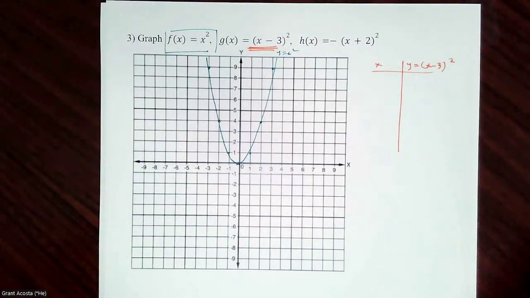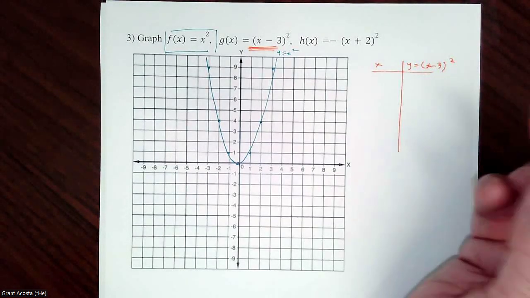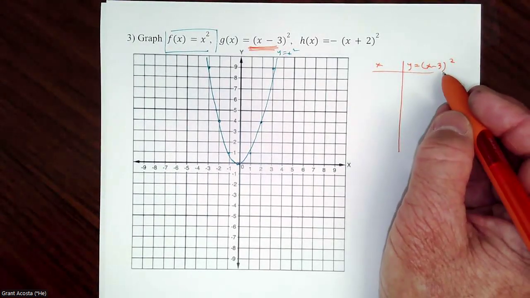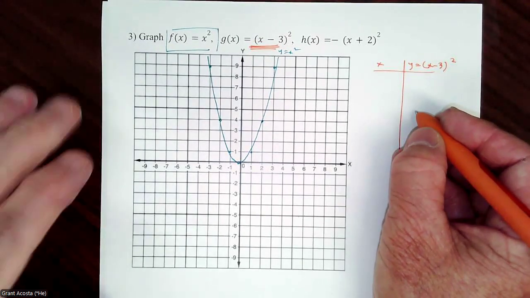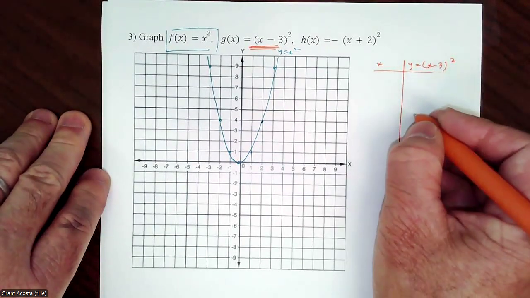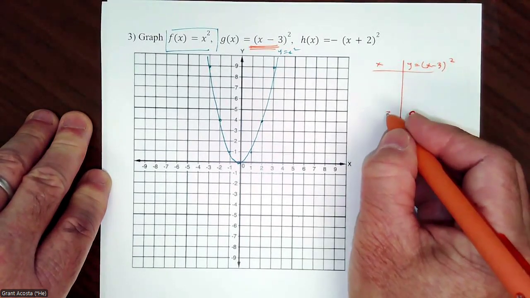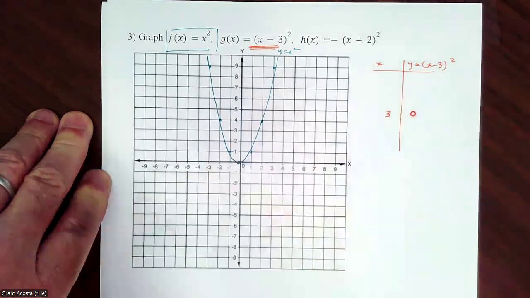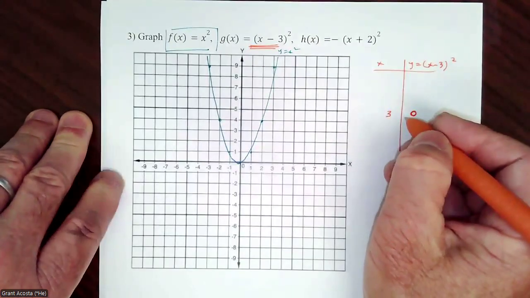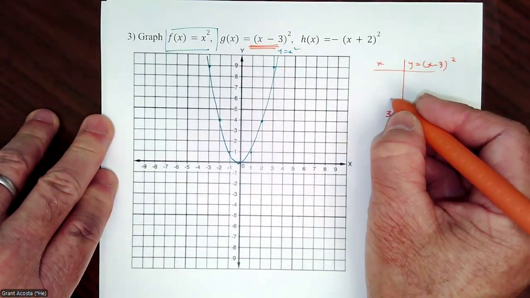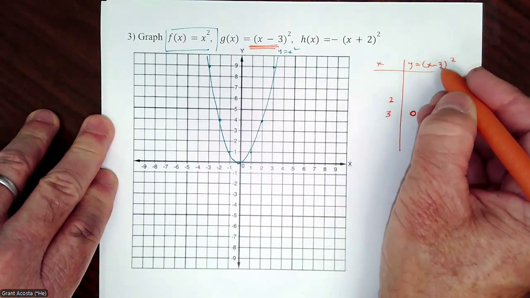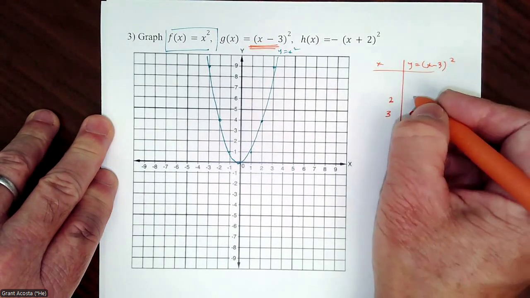Now, you've been seeing I've been using the same numbers, -2, -1. Here I might take a different approach. What I want to think about is, what would I plug into this so my y value comes out to be 0? It would be 3, right? Because 3 minus 3 would be 0. 0 squared is 0. Then if you pick numbers close to 3, if I plugged in 2, 2 minus 3 is -1, -1 squared is 1.